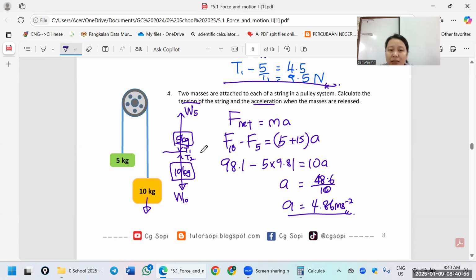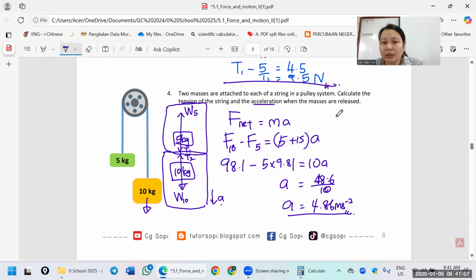Okay, then the acceleration is going this way, so what is the tension? You can use either one. Okay, I will use T2 lah. Going this way means same thing, F net equals to ma. M is for this mass only.